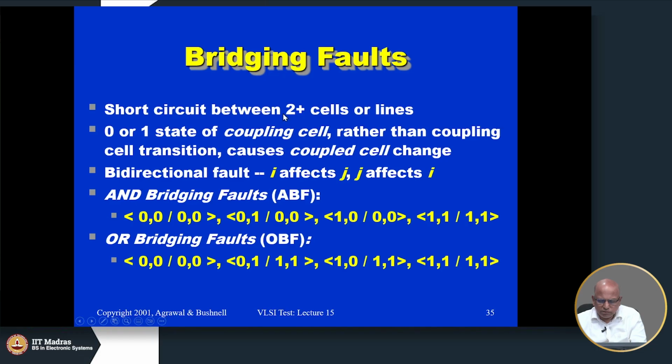A short circuit between two cells or lines. So, the value in the coupling cell causes the coupled cell to change.